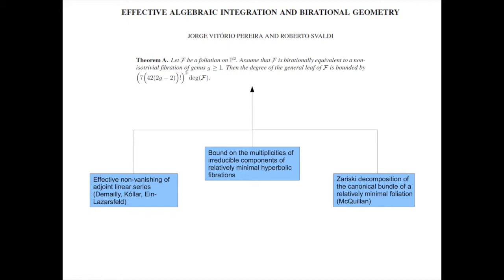Okay. The 7 comes from this business of effective non-vanishing. But yeah, so the idea is just that somehow in all this, you're going to have 2 types of components. You have the components which are still hyperbolic, and the ones which are not.